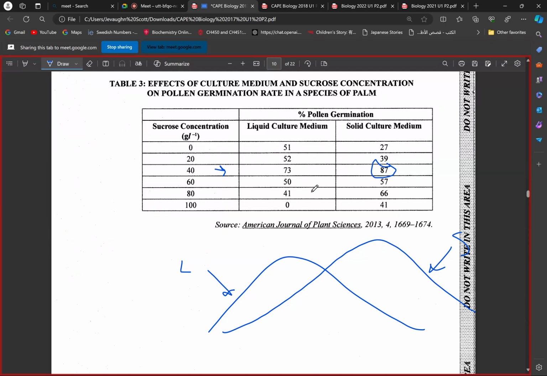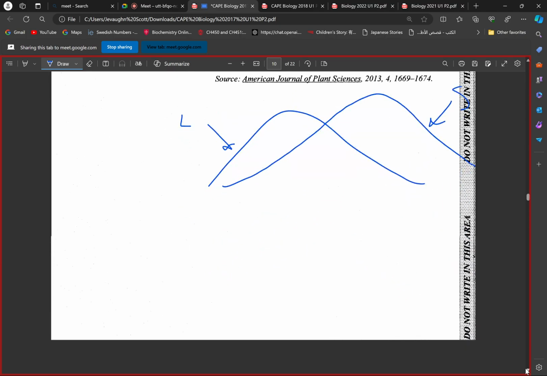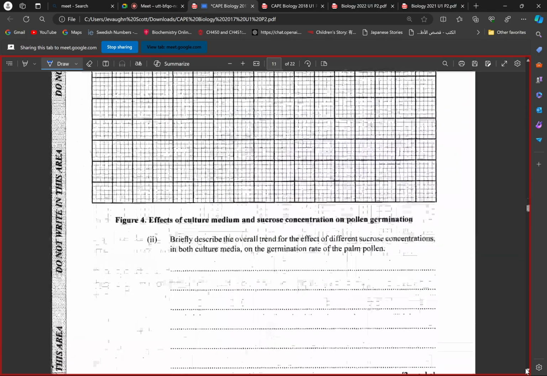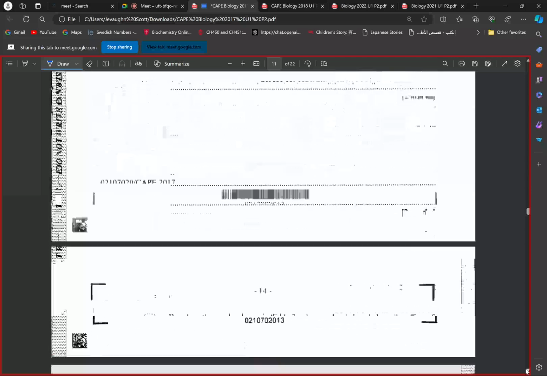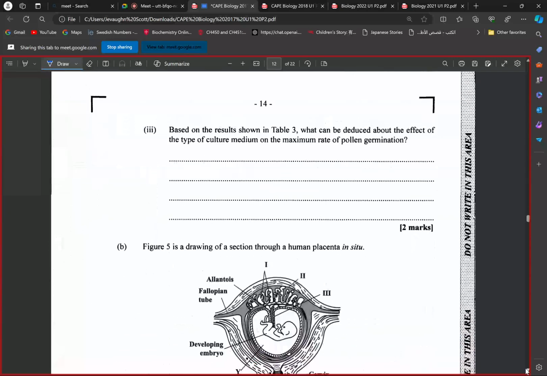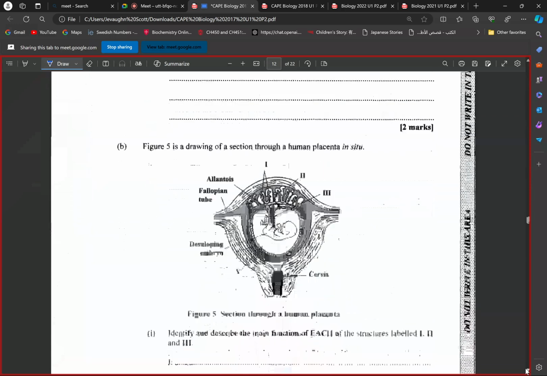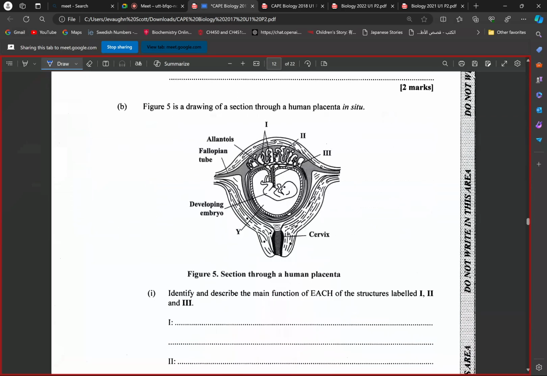With the liquid culture medium, the increase is much faster, towards a lower maximum than what the solid culture medium would produce. So we don't even really have to apply any information about germination of pollen here. It's just using graphs and speaking about that structure.